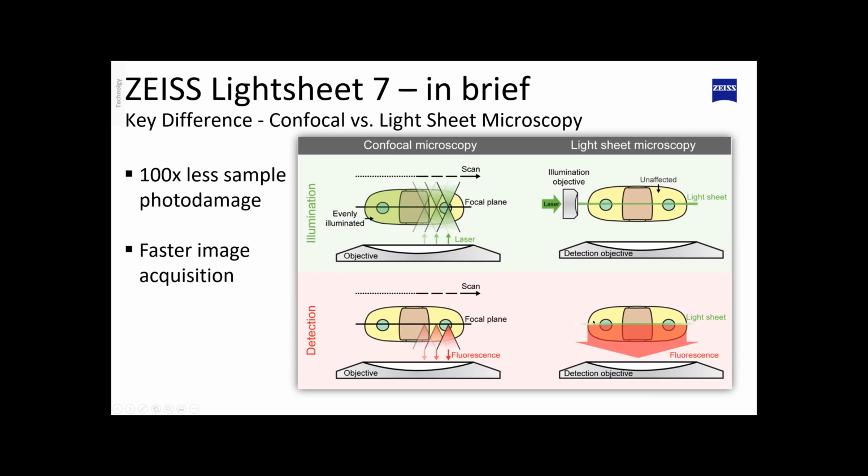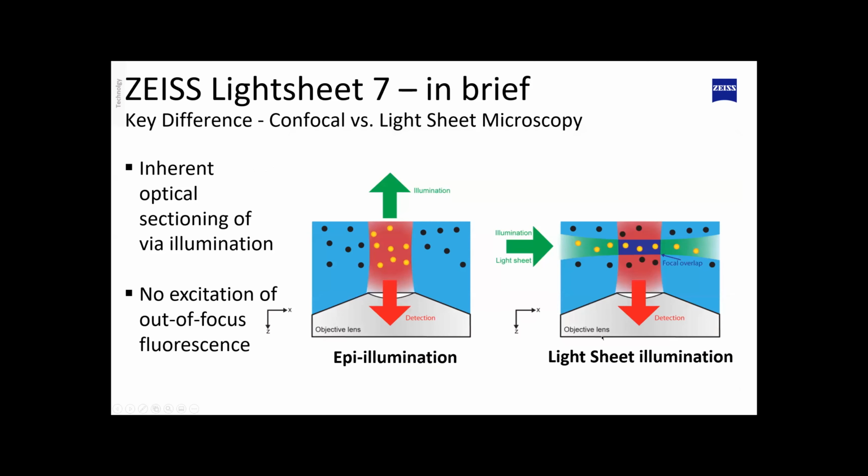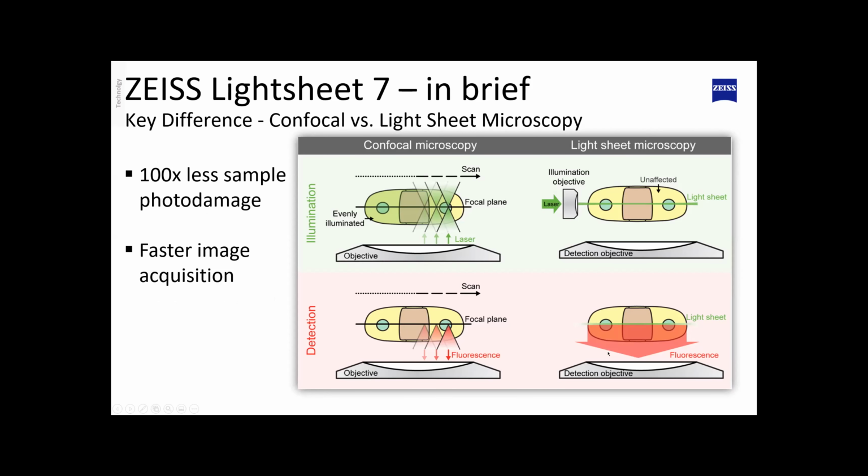So we have here, similar in concept to multiphoton, an illumination procedure that is by default an optical sectioning procedure. So large field of view, optical sectioning on the fly, allowing for fast acquisition and much less photo damage, because we don't illuminate all the fluorochromes above and below our actual scanning or detection plane.